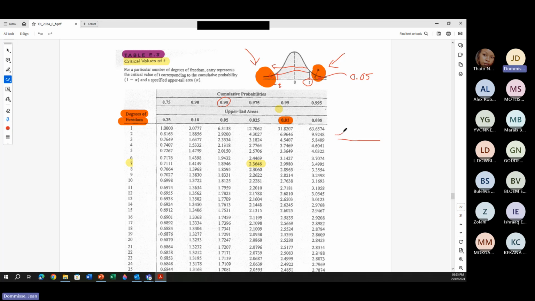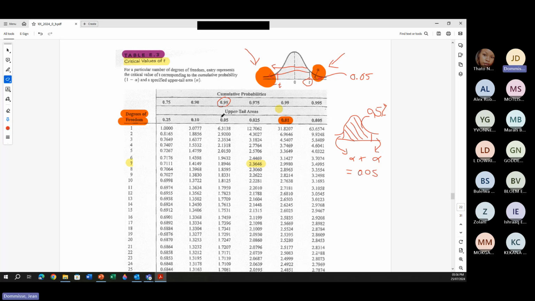So they want us to look at the area between those 2 points that are 95. So how big is this alpha? Okay, so if that is 95, these two alphas combined will be equal to 0,05.